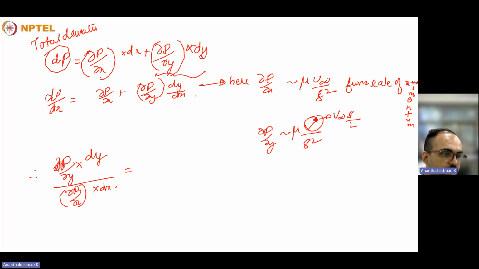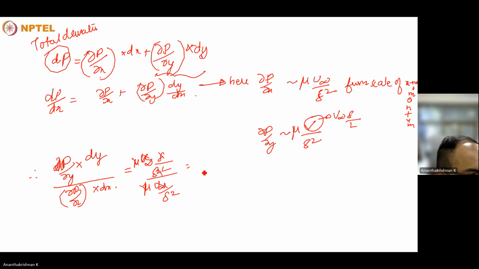So ∂p/∂y can be scaled as u∞ delta divided by L, divided by delta squared, into mu. Similarly, ∂p/∂x as mu u∞ divided by delta squared. So this delta gets cancelled, mu gets cancelled, and this u∞ gets cancelled.